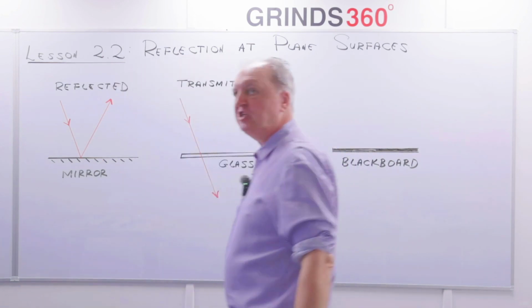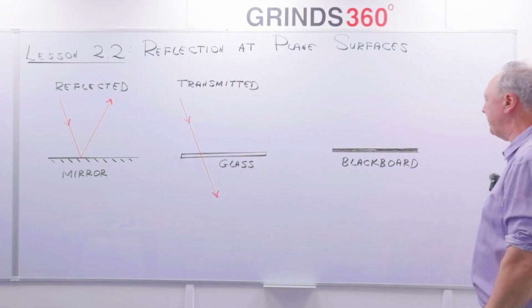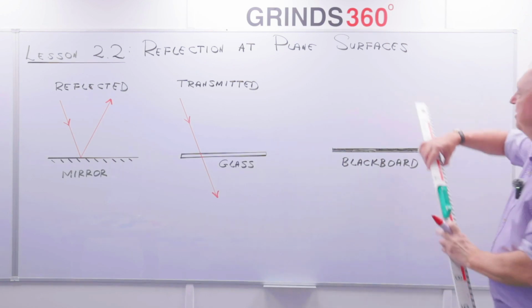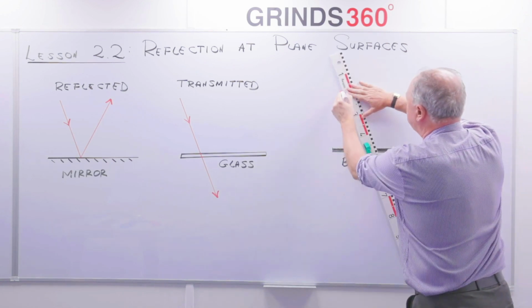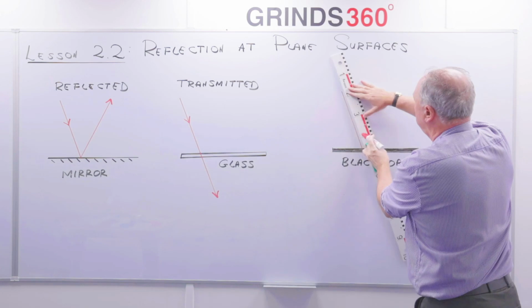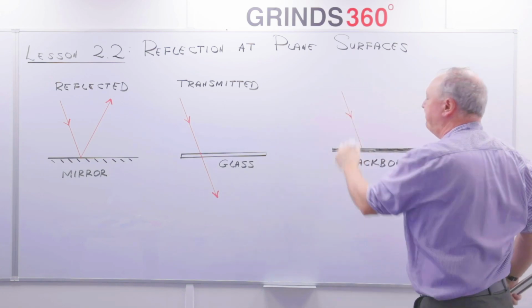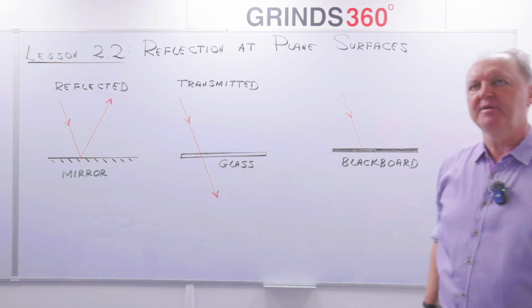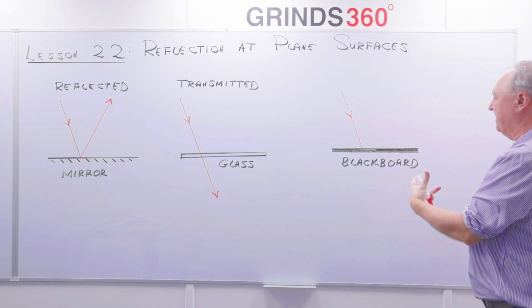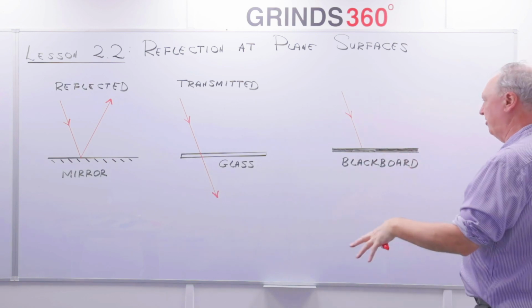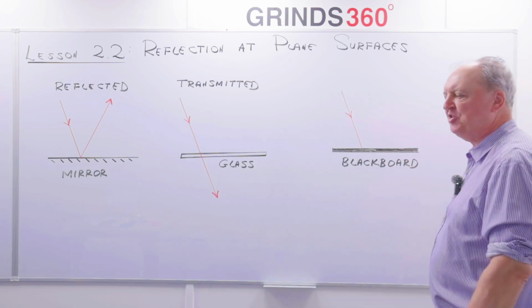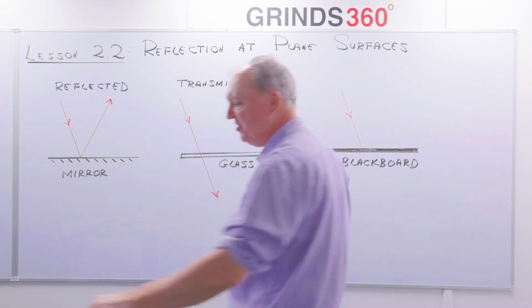And what happens if I shine light onto something like a blackboard? So here's my incident ray coming in. Well, black is something that absorbs the light. That's why it is black. More about that later when we do colors. But that incident wave just gets absorbed by the black surface.